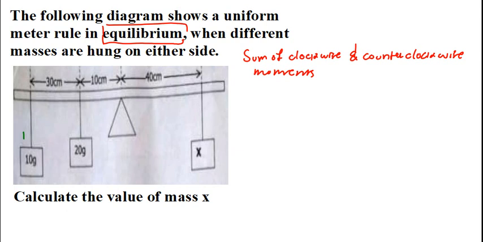So let me name this as mass 1, this is mass 2, and this is mass 3. So it simply means this distance here, we're talking about the distance from the pivot, that is going to be d1. Then this distance from this point to that point, that is d2.